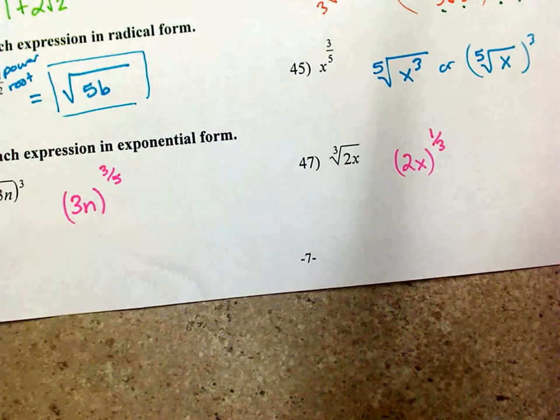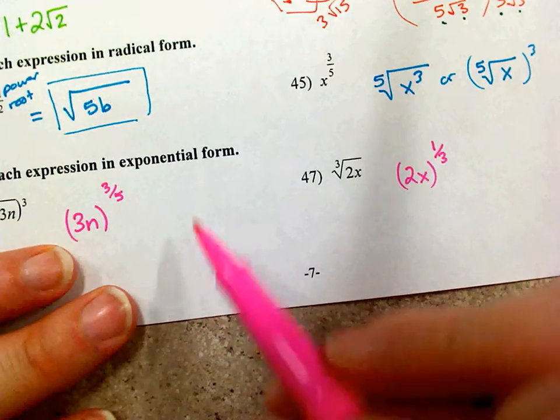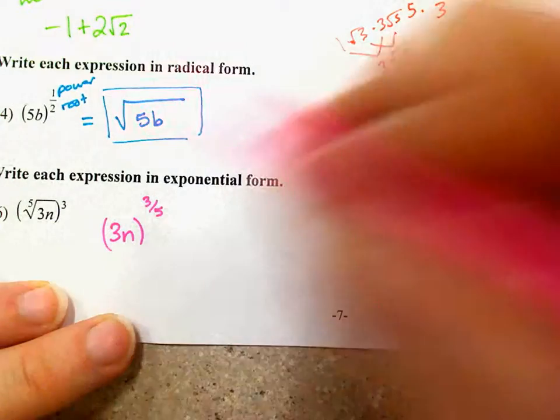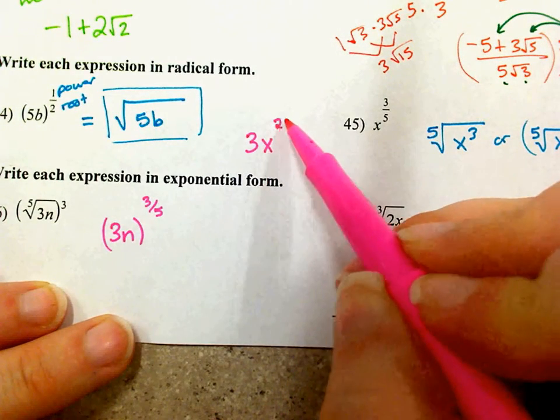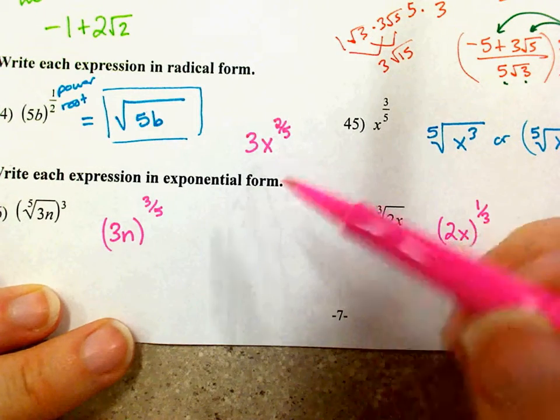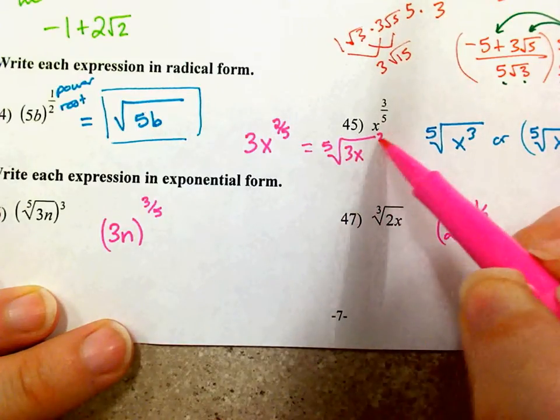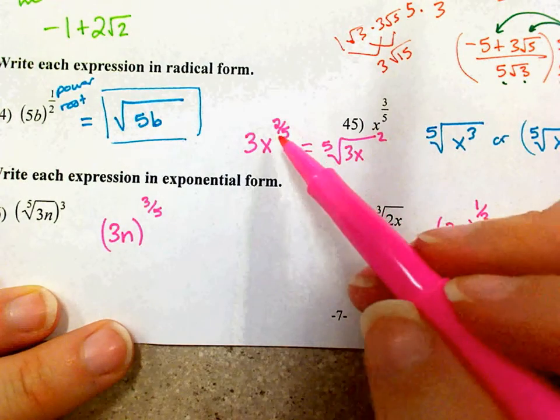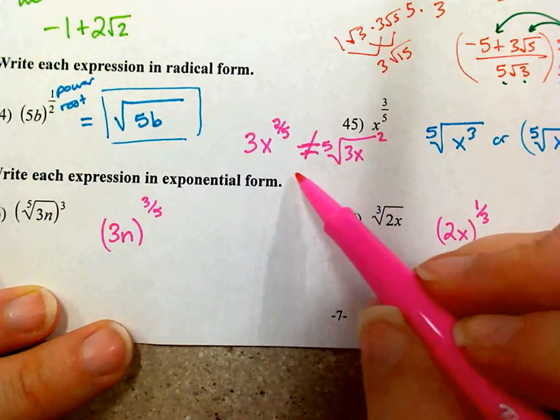I do want to be clear about something though, because if you had a problem like this on 44 or 45, because in a lot of problems you're working, you have something like 3x to the, I don't know, 2/5. Well, you guys like to treat it as this, and that's not equivalent. The only thing being raised to the 2/5 power is the x. If I had meant this, then I would have written this.